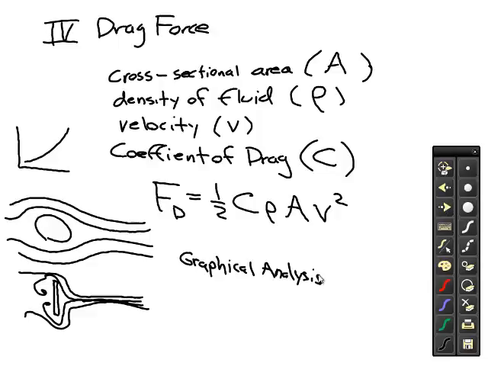And what it'll do is try to fit your graph to y equals some constant A times x to the b. So in our case, y is going to be drag force. A is going to be all this stuff, 1/2 C rho A sitting out front. And B is what we're after. Okay, so some groups showed me they did it in graphical analysis, and they got like 1.8.